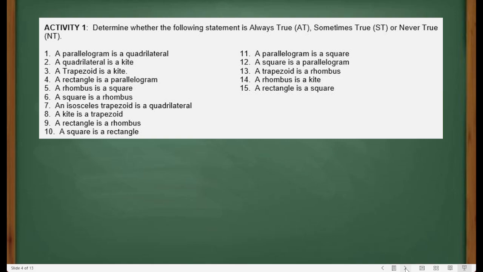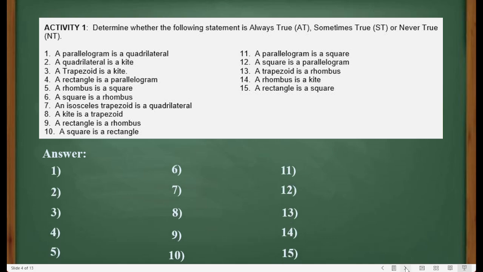Okay, so time is up. It's time now to reveal the answers to these 15 items. You may answer AT for always true, ST for sometimes true, or NT for never true. Okay, here goes. For number 1, a parallelogram is a quadrilateral.